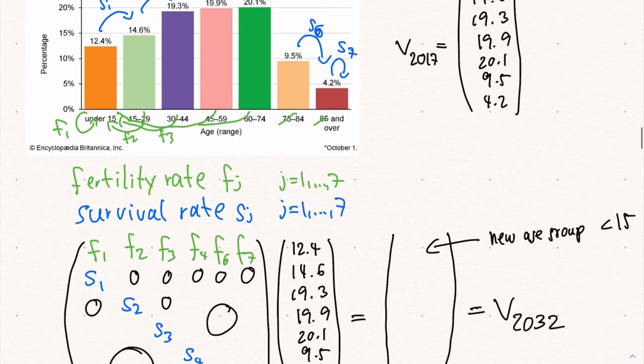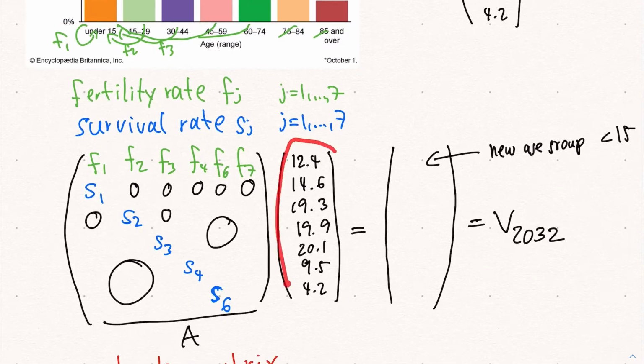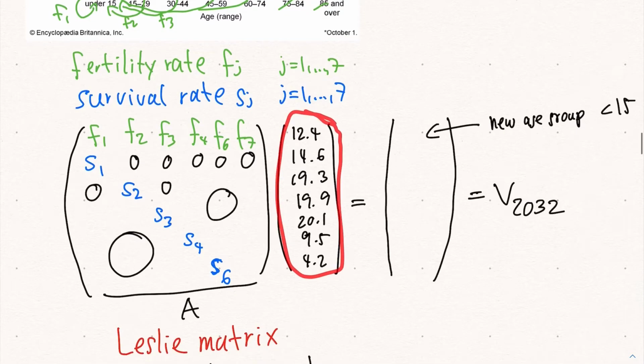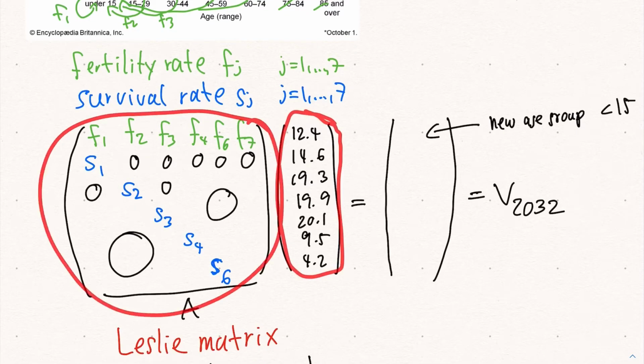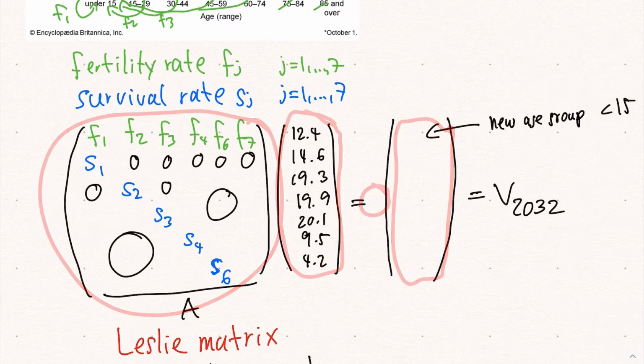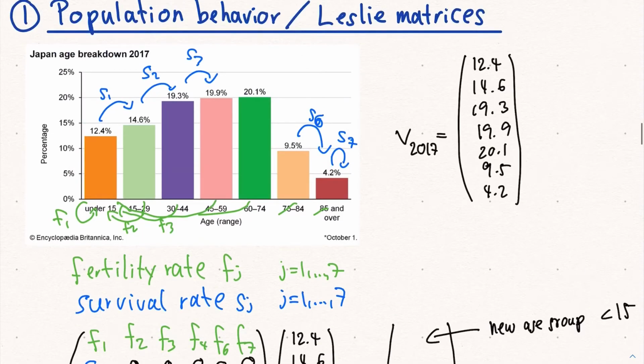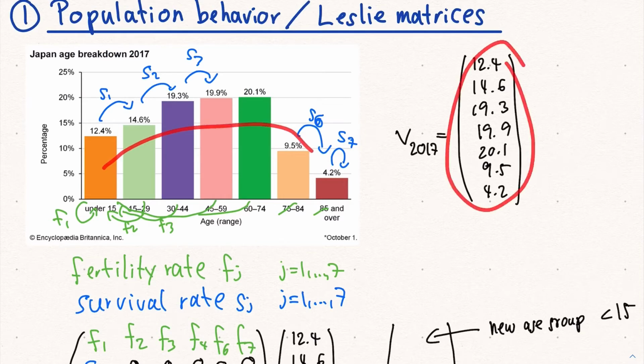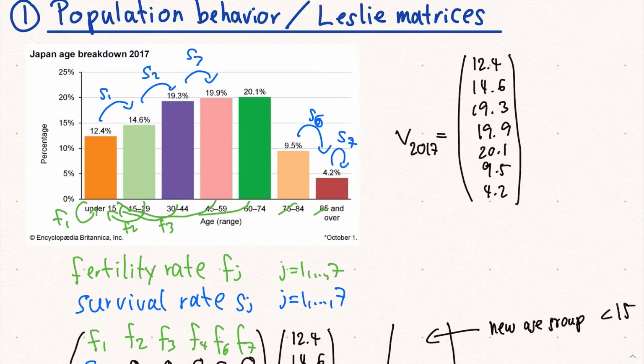This would mean that I have some distribution of the population, and after 15 years I have the same distribution of the population, but maybe multiplied by some factor. But still, if this would be an eigenvector of this matrix here, then this would mean that also in 100 years I still have this shape of the population. Maybe the population grows or shrinks, but still the main people will be old people.